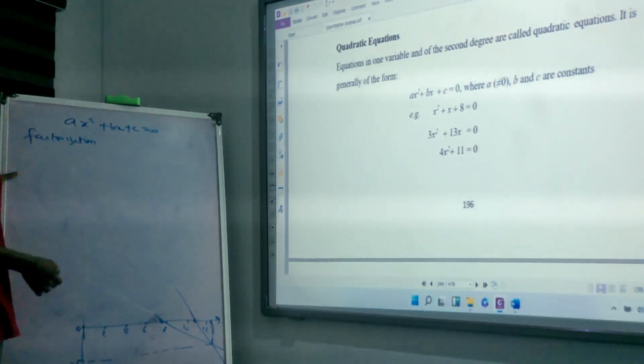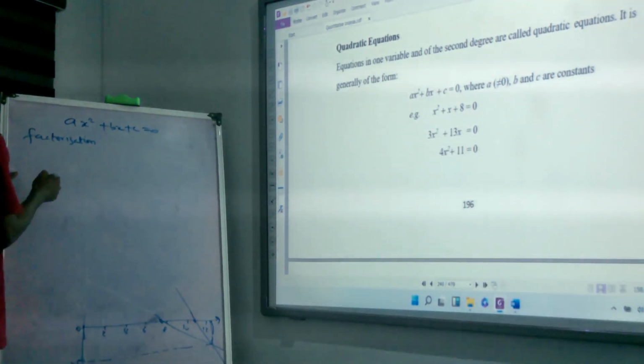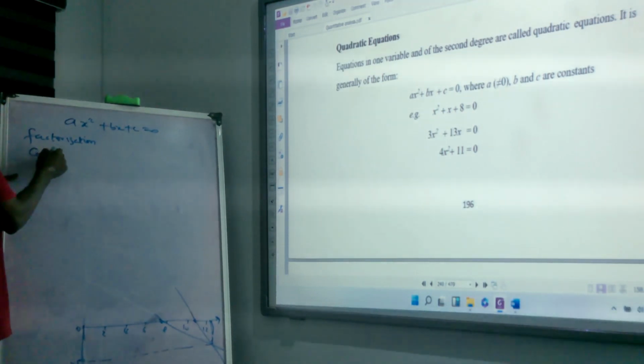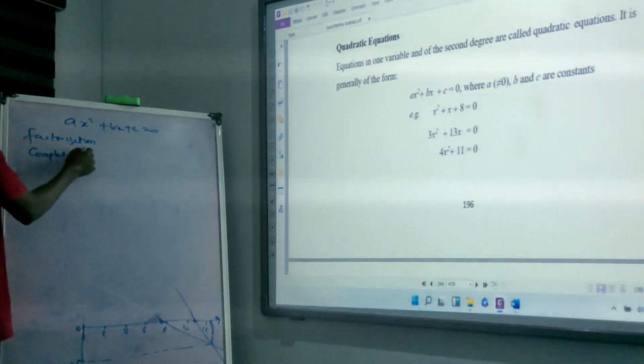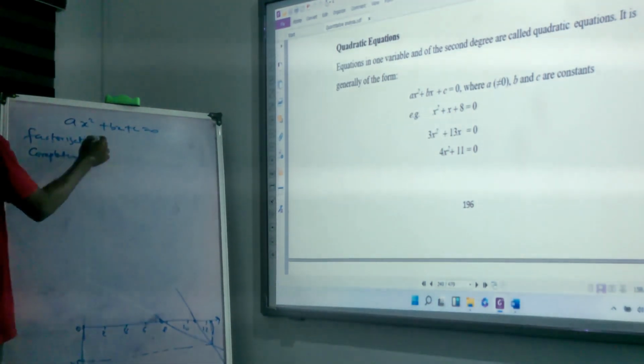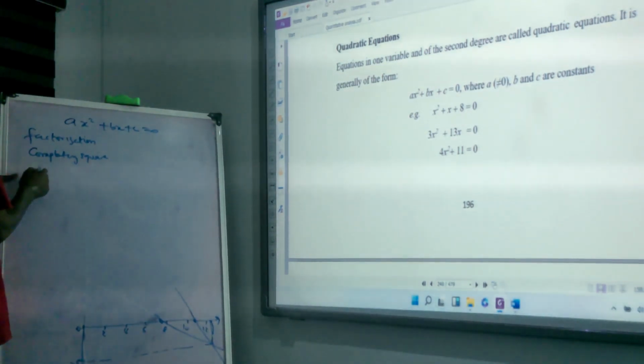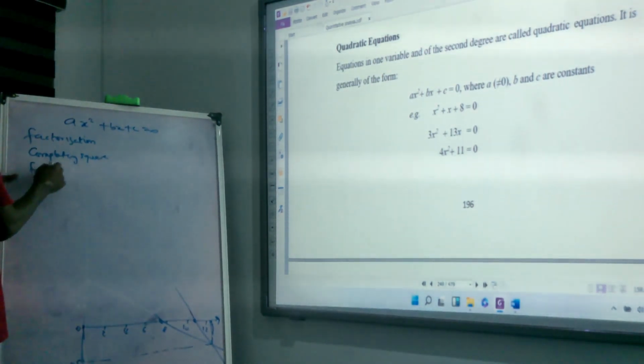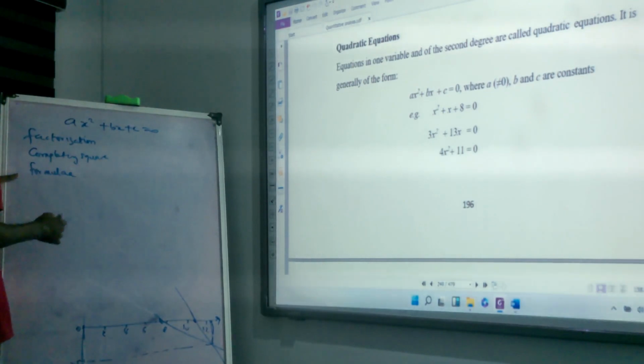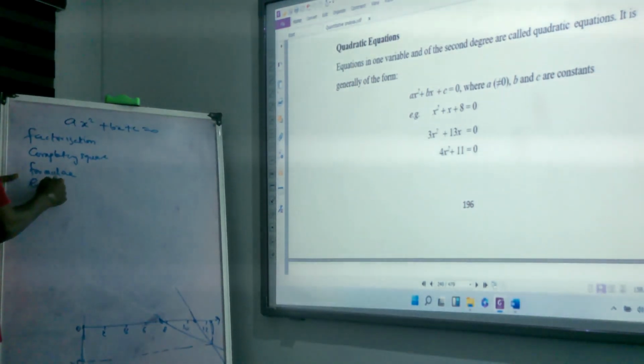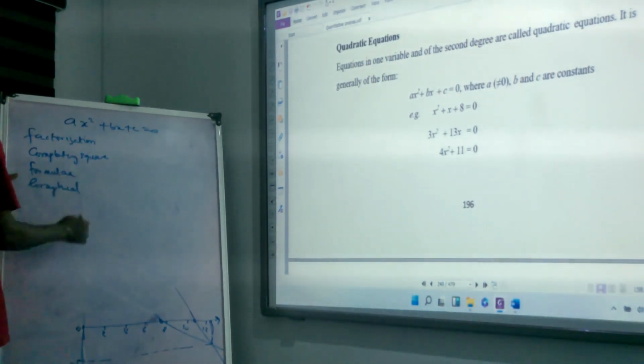You can use the completing the square method. We can use the formula method. We can use the graphical method. But we're not going to be doing everything.